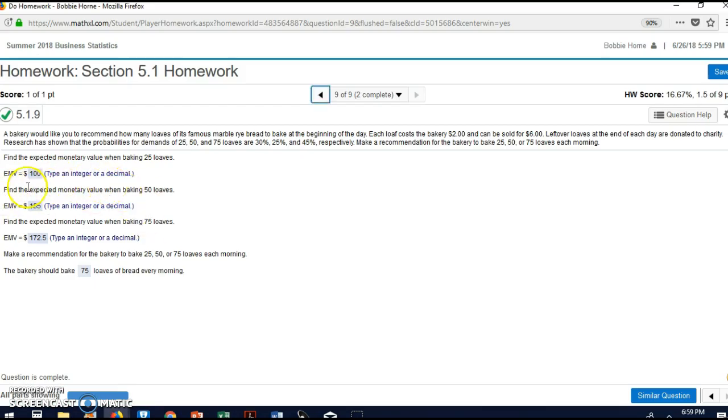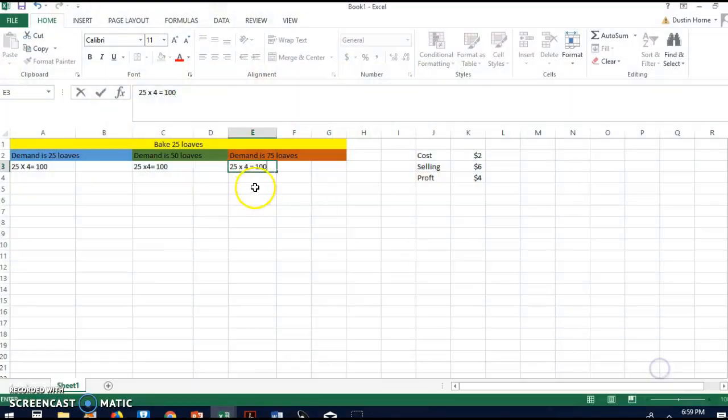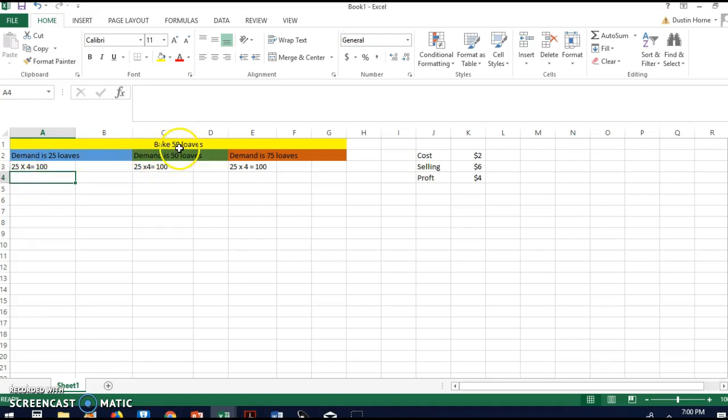Now, it's a little bit different if you're going to bake 50 loaves. So now we're going to do this scenario, but this time we're going to bake 50 loaves of bread. Now, the demand is 25 here. So I know I'm going to sell 25 times 4 and make 100. But I baked 50. So if I only had 25 come in that day to buy bread, for the other 25 I have a loss, or I'm giving the bread away to charity.